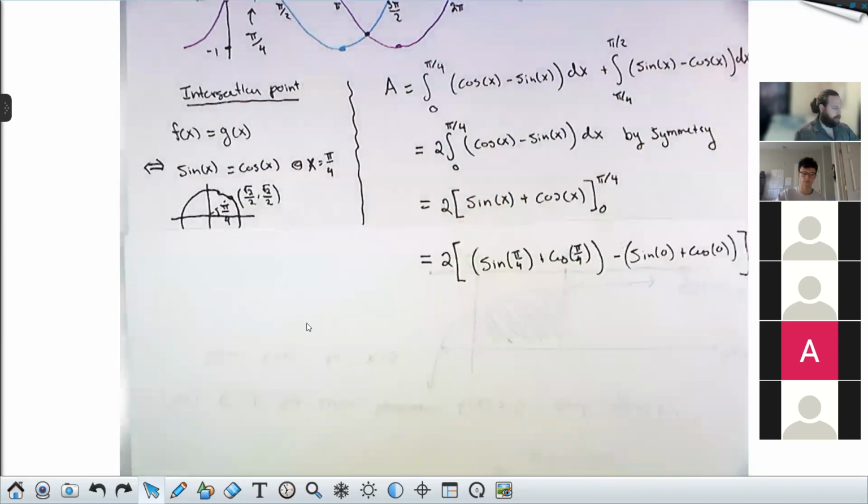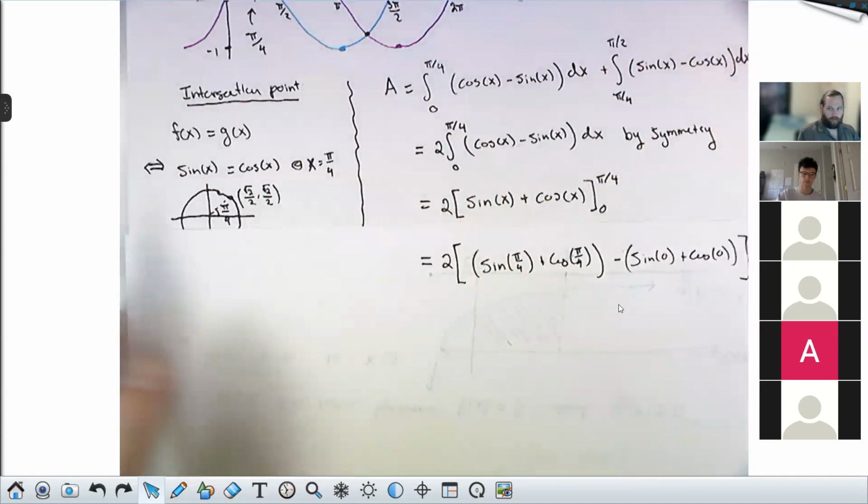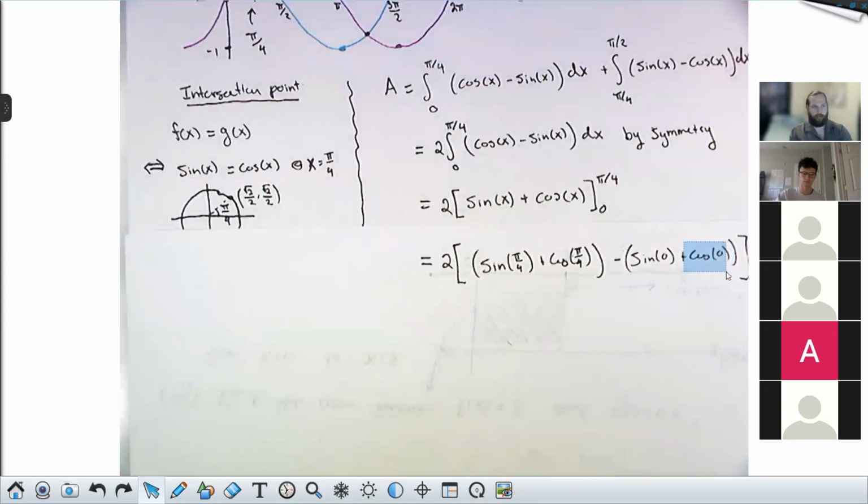Let's start with the zeros on the far right. What is the cosine of 0? We can come back to talk a little more about symmetry in a second, but let's get through this first. So what is the cosine of 0? Very good. The cosine of 0 is 1.